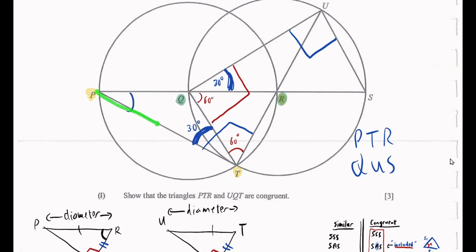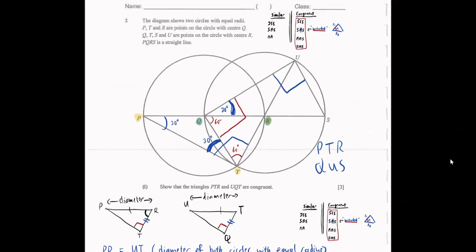Then if you look carefully, isosceles triangle. Where's the isosceles triangle? Right. Two radiuses here. Therefore, this is also 30. Okay, confirm, they must be the same. So yes, your answer originally was correct. Once you get two angles the same, confirm must be the correct orientation. So QUS. Yes. Okay.